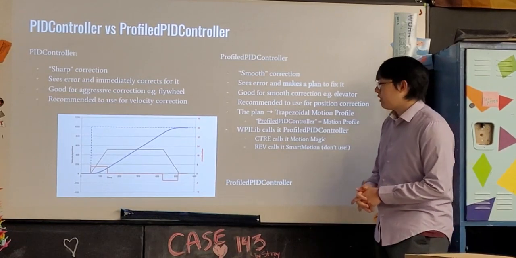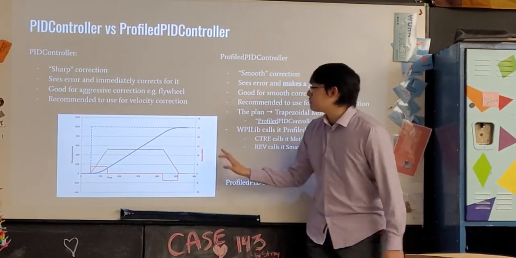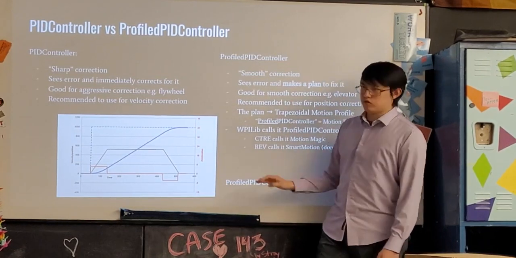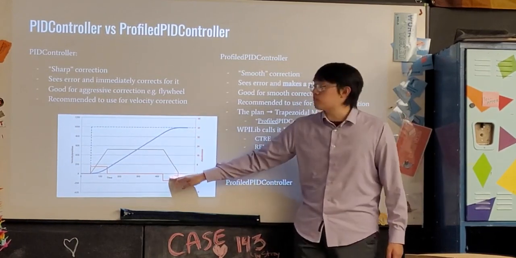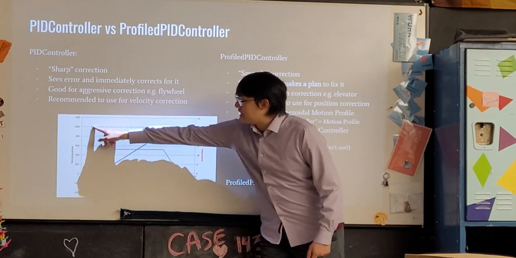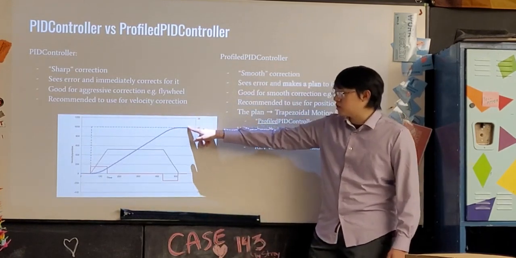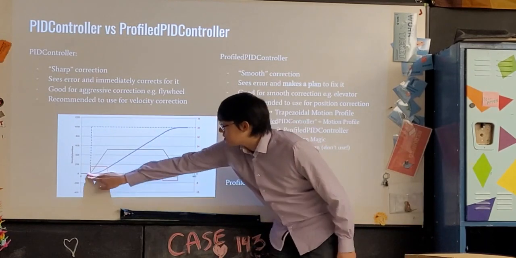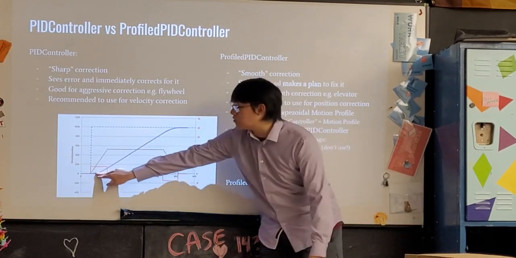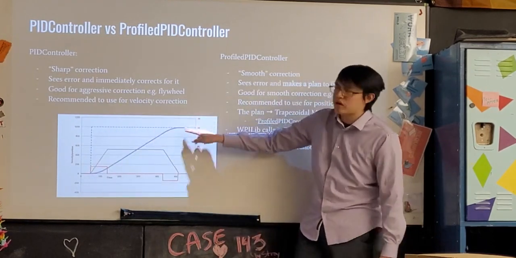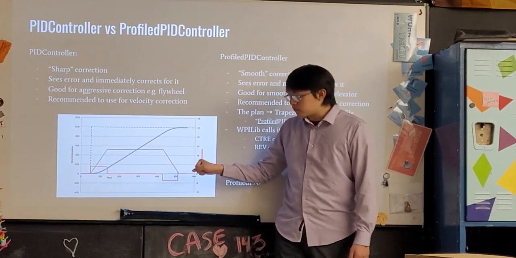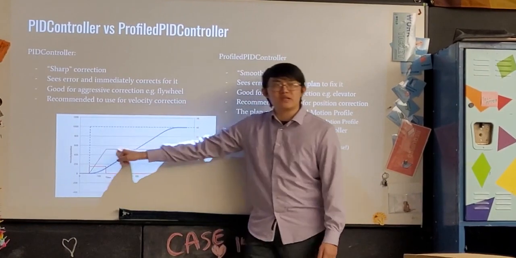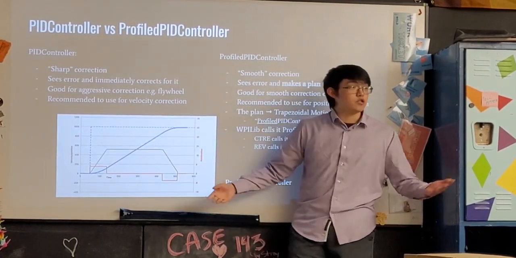Okay. You can see right here, this is the graph of a profiled PID controller. Let me deconstruct these little lines for you. The blue dashed line is your set point. You're going from 0, whatever the units are, to 1,000. The black part of this graph is a trapezoid.